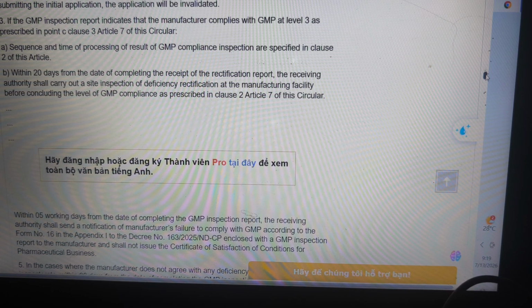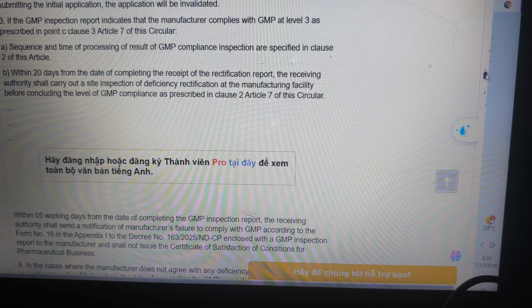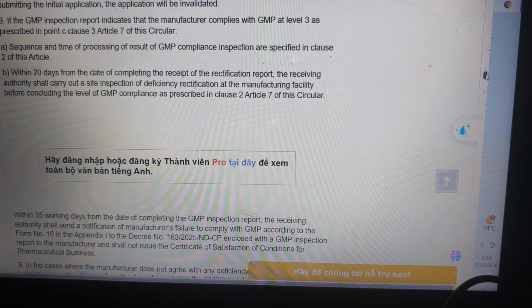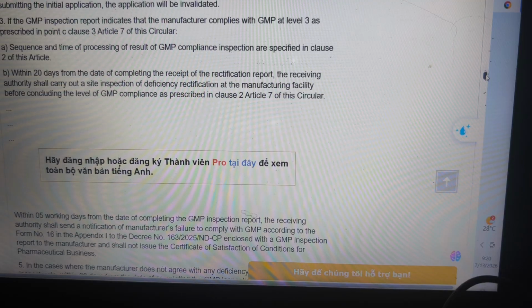Within 5 working days from the date of completing the GMP inspection report, the receiving authority shall send a notification of the manufacturer's failure to comply with the GMP according to the report to the manufacturers and shall not issue the certificate of satisfaction of the condition for the pharmaceutical business.